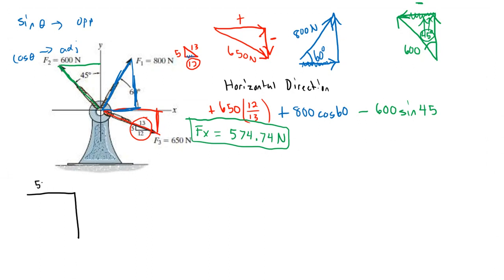If we know that this is 574.74, and we know the Y later on, which we're going to get, then we can figure out the magnitude, which is the hypotenuse, okay? So yes, when you add it all together, it's going to give you the magnitude of the thing. So let's keep going. So the vertical direction.